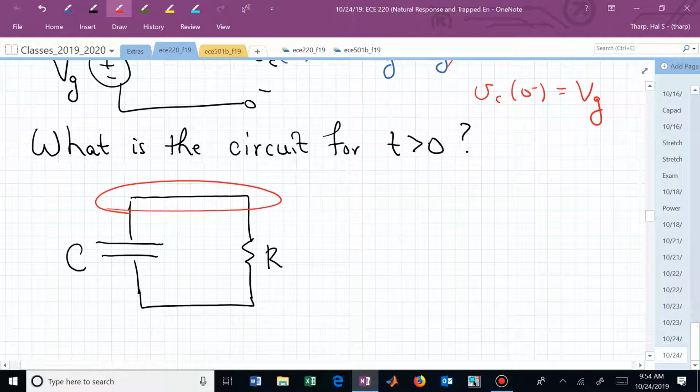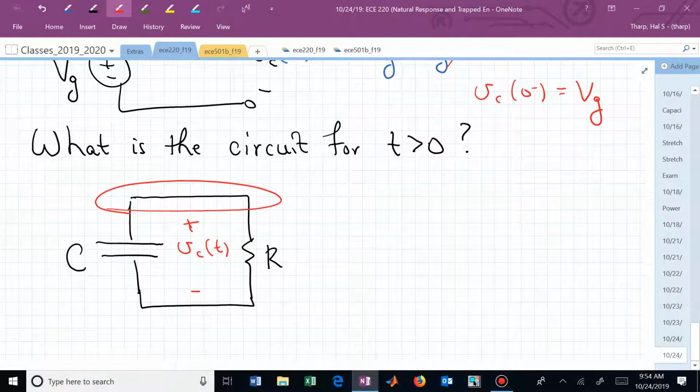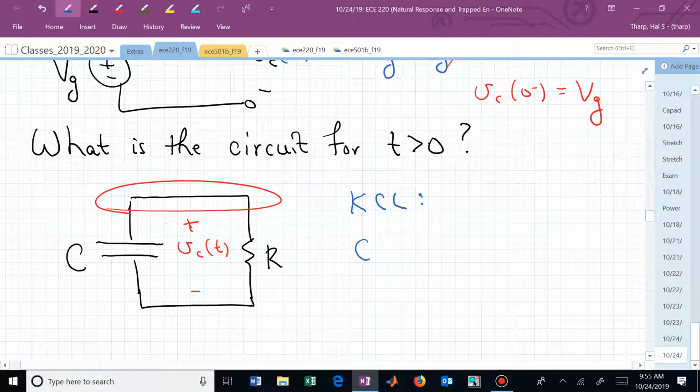We were interested in the capacitor voltage, which is this voltage right here. We can write a nice equation that contains the capacitor voltage if we write a KCL for this circuit, so the sum of the currents out of that top node sum to 0.